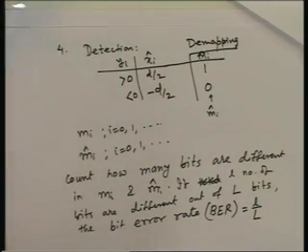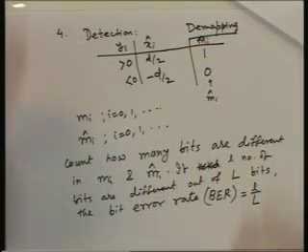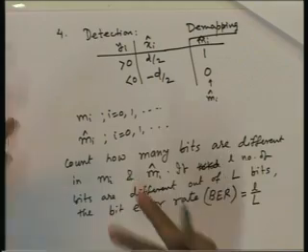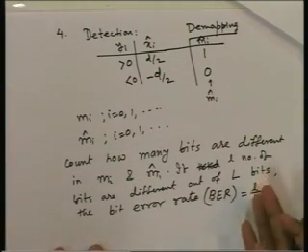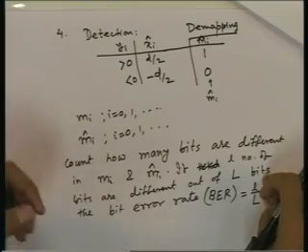This is the estimate. You should take sufficiently large capital L to get a fair estimate of the bit error rate, and the bit error rate you should compare with the probability of error. They should ideally be the same, but they should be very near for large capital L. If you take capital L equal to 10 to the power 10, you will have almost the same; the bit error rate will be the same as the probability of error you have computed using the formula, using the Q function.